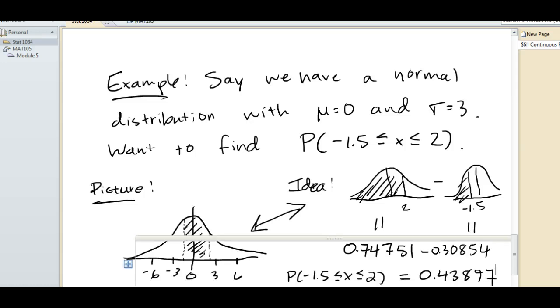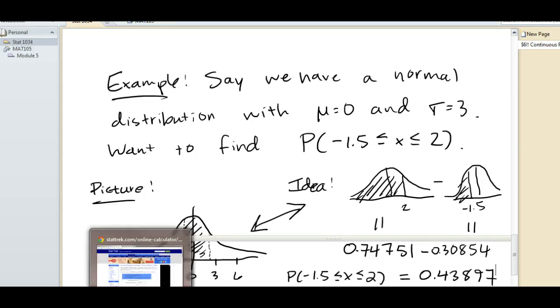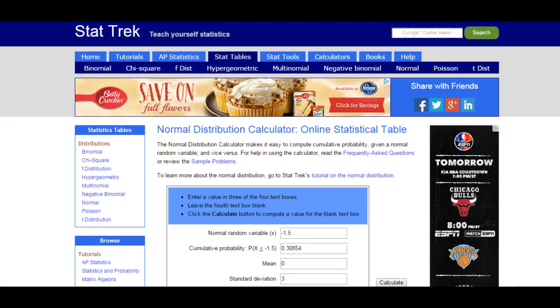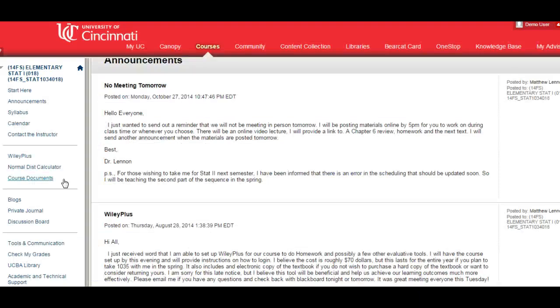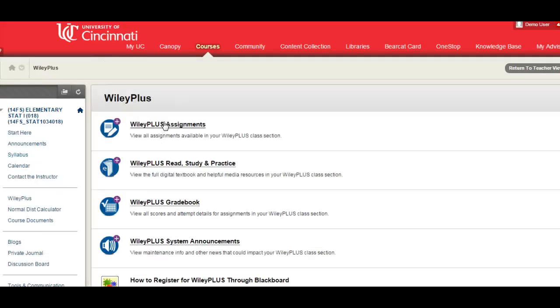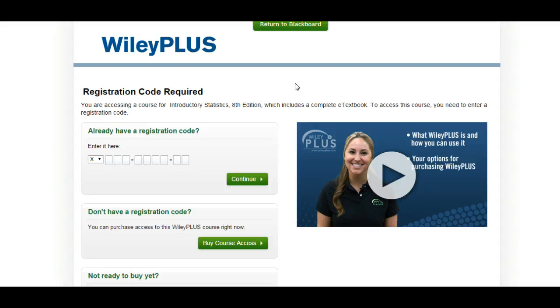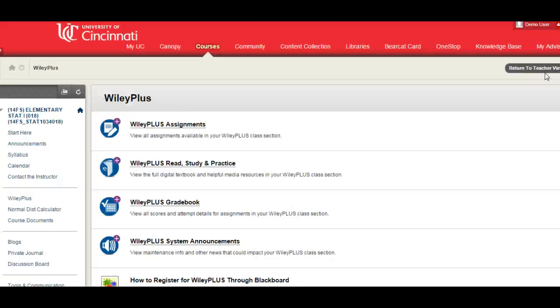On the homework, maybe I'll pull up the Chapter 6 homework, just so we can take a look. If we go to Blackboard, and then Wiley Plus, and look at the assignments, I'm sorry, I forgot to switch out of student view.